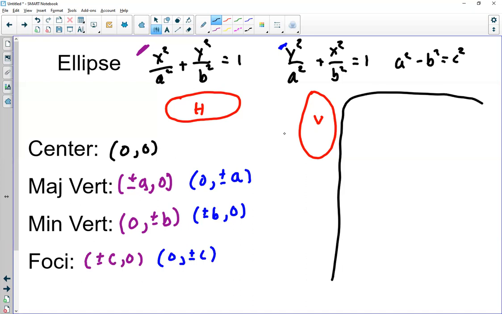Okay. With that in mind, center, major, minor, foci. So let's plug it in. Let's do a problem. I want to pull up the test so I can see the problem, but let's do a basic one. X squared over, I want to make it so it's clean, so let's do 25, plus y squared over 9, equals 1.